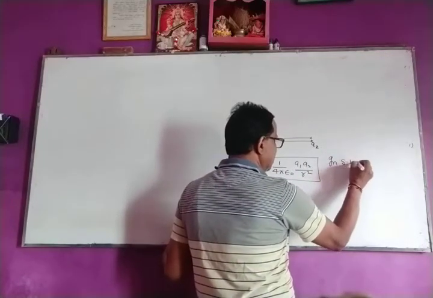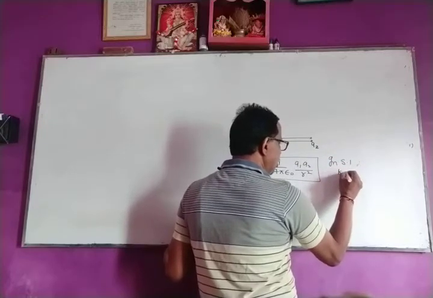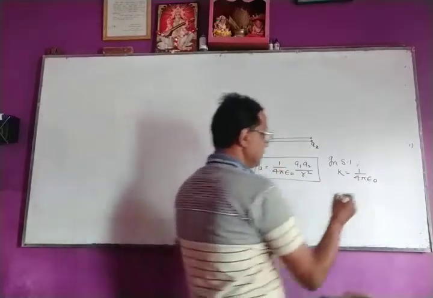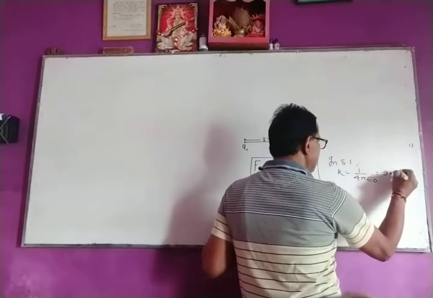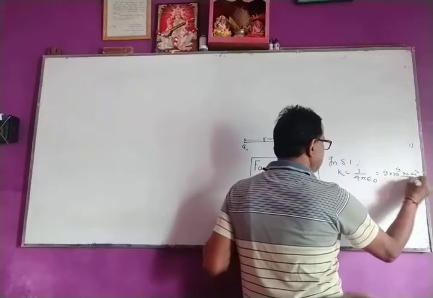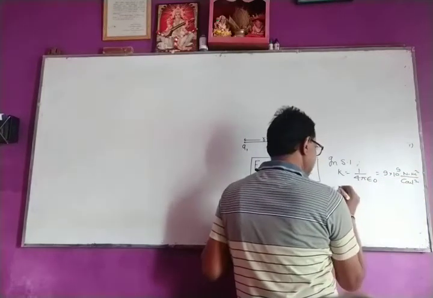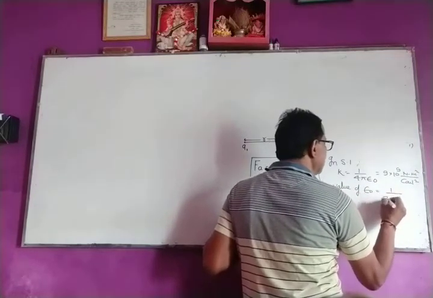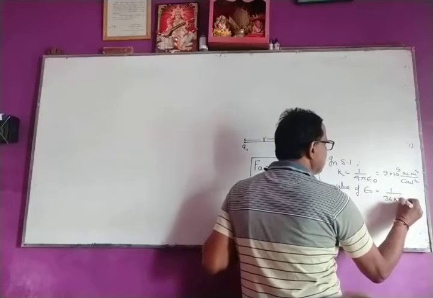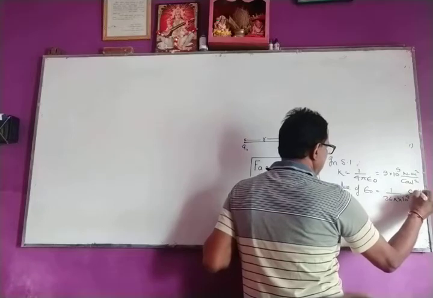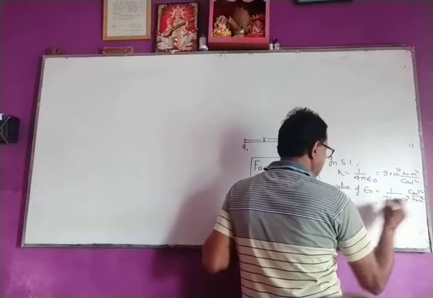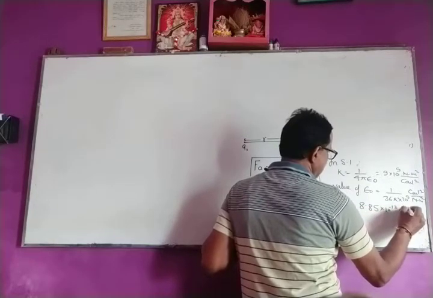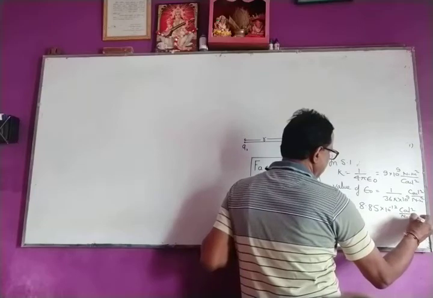In SI, small k is equal to 1 by 4 pi epsilon naught, which is 9 into 10 power 9 Newton meter square by Coulomb square. Value of epsilon naught: 1 upon 36 pi into 10 power 9 Coulomb square by Newton meter square, that is 8.85 into 10 power minus 12 Coulomb square by Newton meter square.